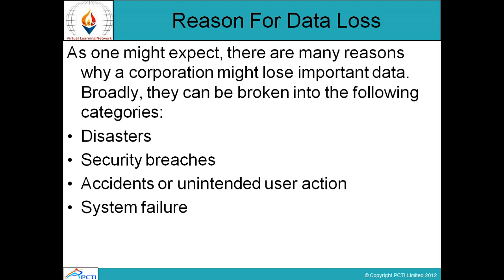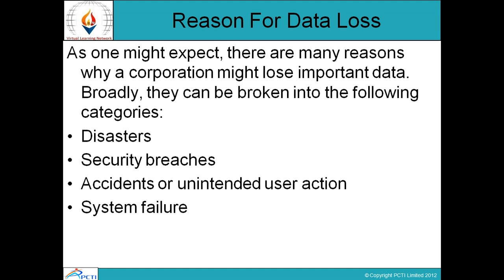As in the previous session, we have already studied why data protection is needed and how we can protect data, and the basic meaning of data protection. So now, the reasons for data loss. Why are we protecting our data? Just because data cannot be lost.